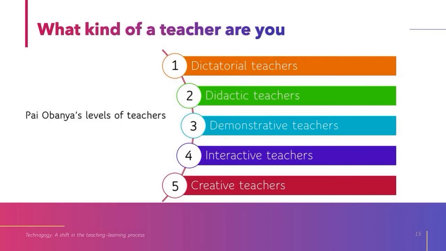So a creative teacher is very, very flexible. So let's move to the next slide. You can answer this question within yourself: where you fall, whether you are an editorial teacher, a didactic teacher, a demonstrative teacher, an interactive teacher or a creative teacher. You can choose any one, but the best way to be is actually to be a creative teacher.